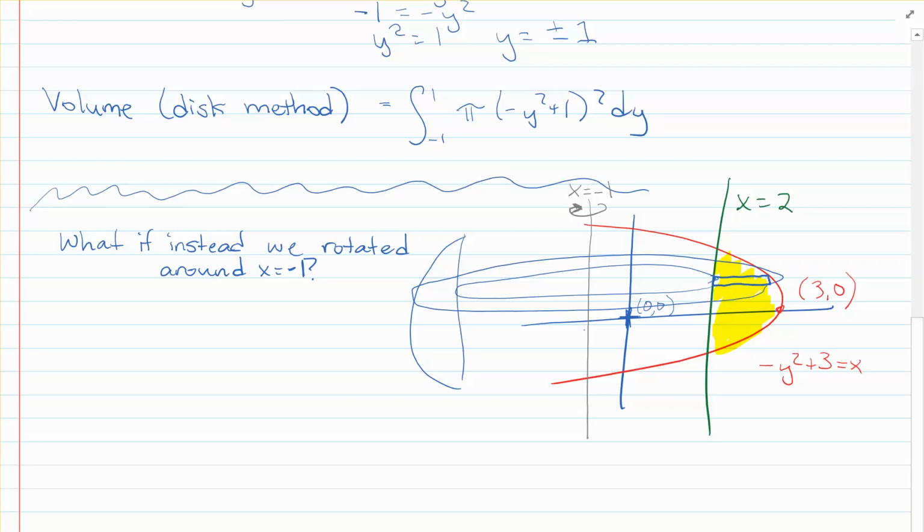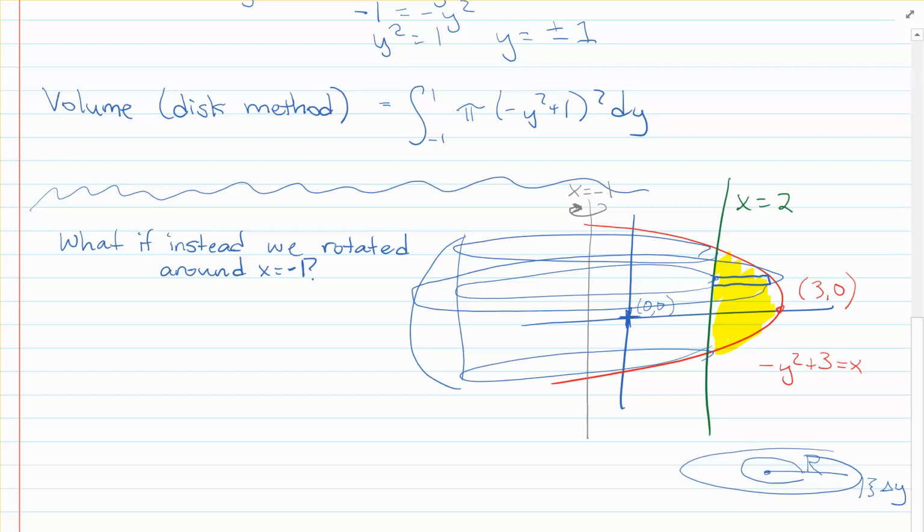And you get this shape that kind of looks like a bead or a ring with a big gap in the middle. All right, so instead of these cross-sectional disks that we're used to with maybe a radius and a height, delta y, instead we have a cutout out of the middle.